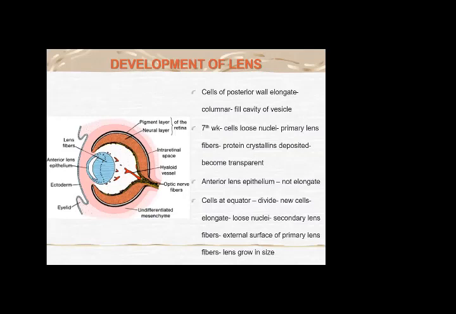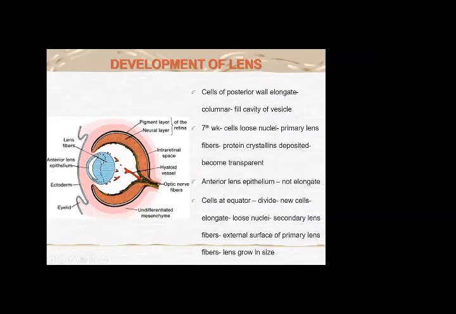Gradually, more cells develop on the surface at the equator. These cells also later on lose their nuclei and become secondary lens fibers. Okay? Now, the secondary lens fibers are formed external to the primary lens fibers. Primary lens fibers also lose their nuclei.